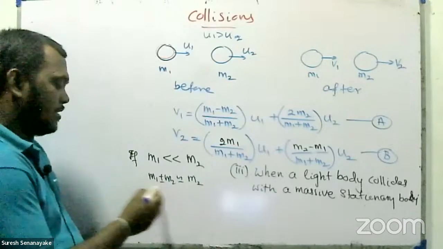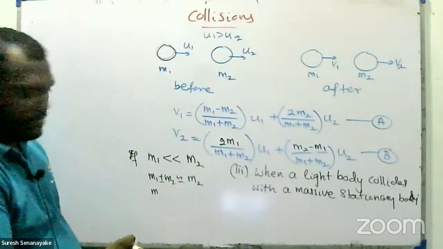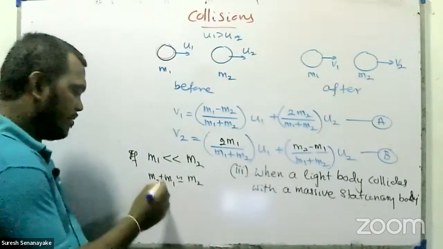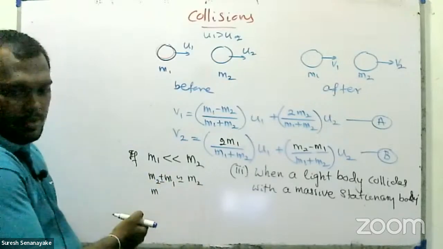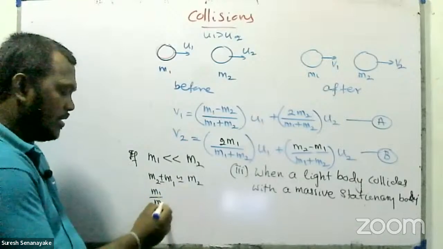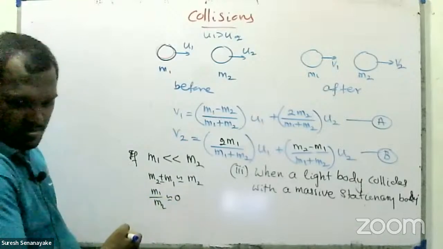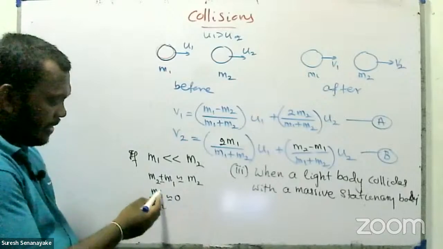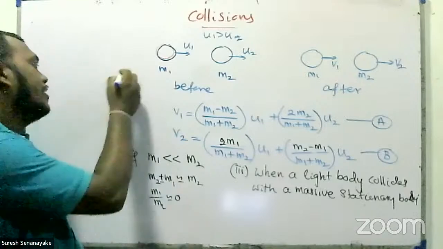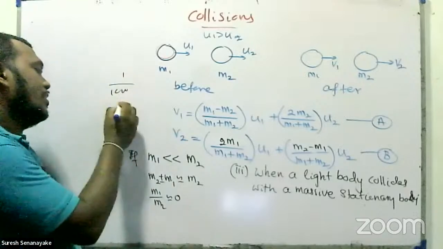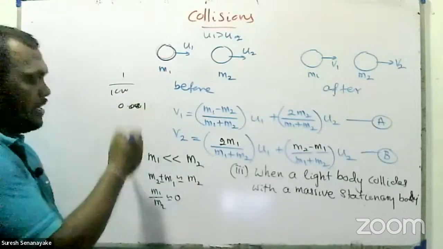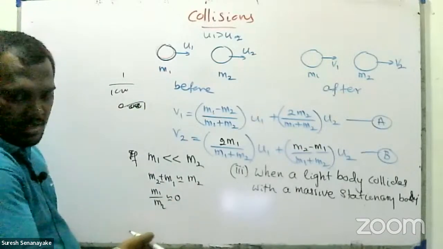Also m2 minus m1 is approximately m2 because m1 is negligible. And m1 divided by m2 is approximately 0, because m1 is very small. If a smaller mass of 1 kilogram is divided by 1000, it is 0.001, which is negligible.